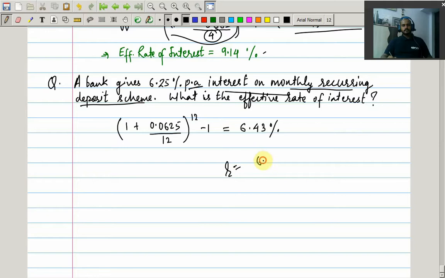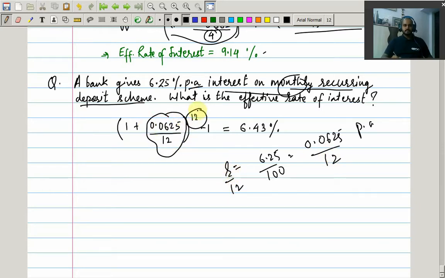R is 6.25 upon 100, which is 0.0625, and this is per annum. So I need to divide it by 4. No, not 4, sorry, because it's monthly. So divided by 12. Here I have written by 12. Take its 12th power, you will get 6.4.